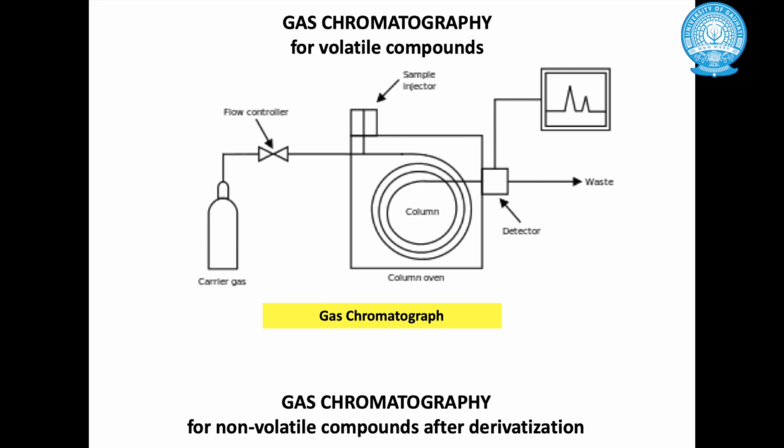The column is the heart of a gas chromatograph, and the column comes in different makes. For example, there are columns which are packed, there are columns which are capillary, there are columns which are super coated open tubular.